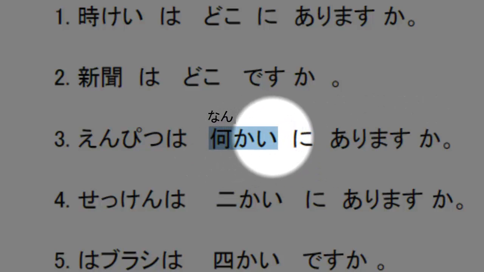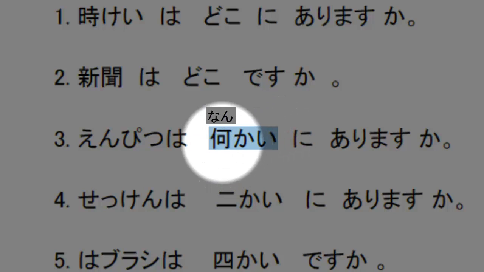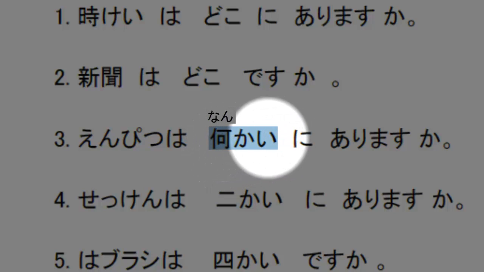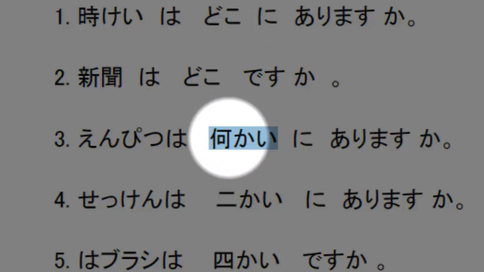The question word in this case is not doko or where, but nankai or what floor. So again, you would simply exchange that for your answer, which would be the floor that it's on. So you'd actually put in the same answer as you would have with doko. It's just an alternative way of asking where. So instead of where, they're asking what floor.